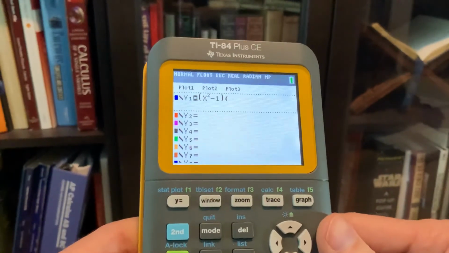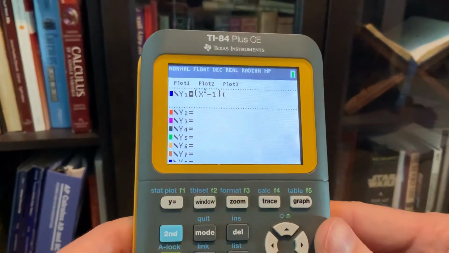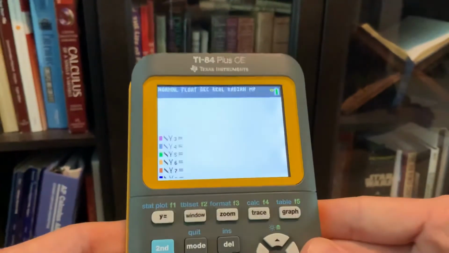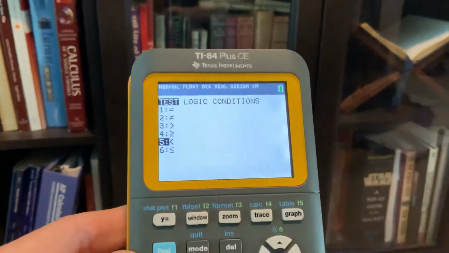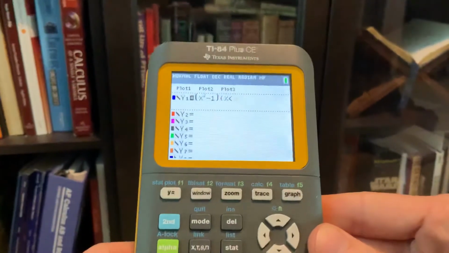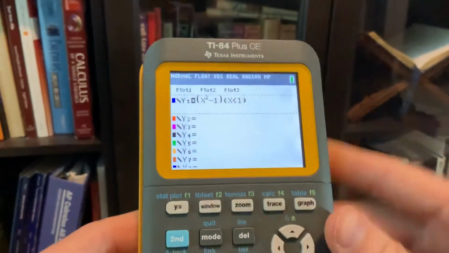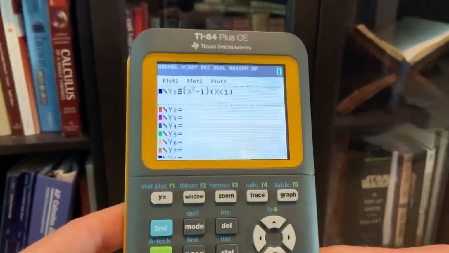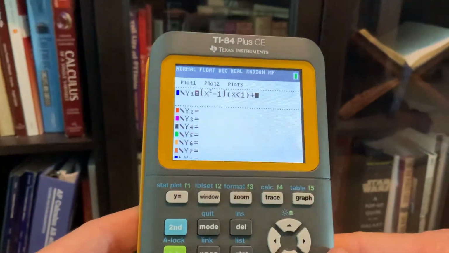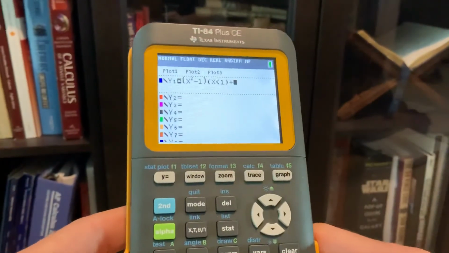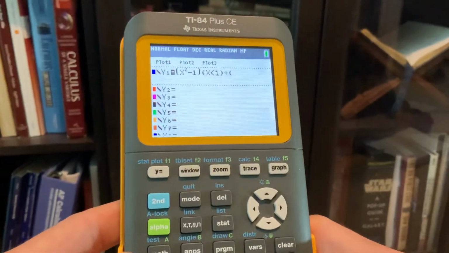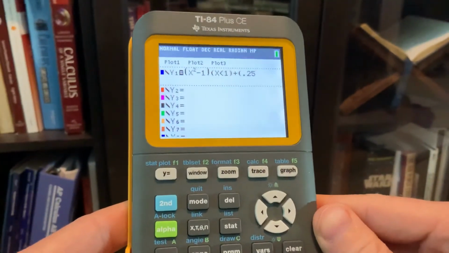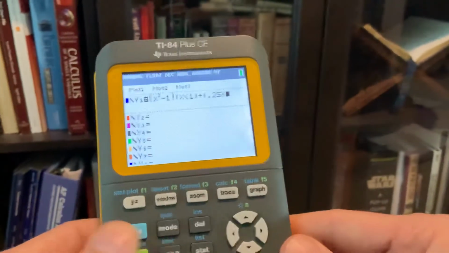And let's say that it is this parabola everywhere less than 1. Okay, so I'm going to put x, go to the test menu, and scroll down to less than, and then put 1, close those parentheses. So on the left side of 1, it should be a parabola, right? And then on the right side of 1, I'm going to hit plus. On the right side of 1, I want it to be a line. And I will do something like, open up parentheses for this whole entire piece, maybe 0.25, so it's going to be a real shallow line, x, and then maybe minus 1.